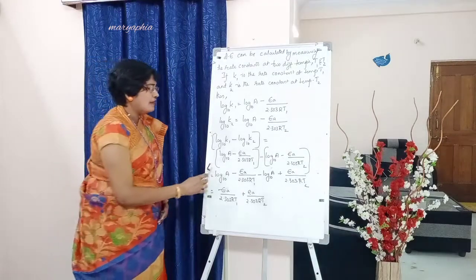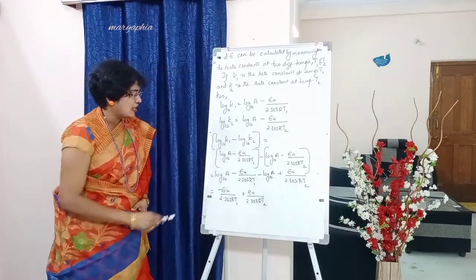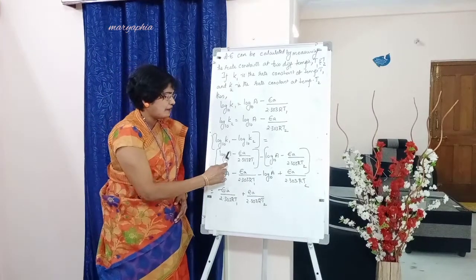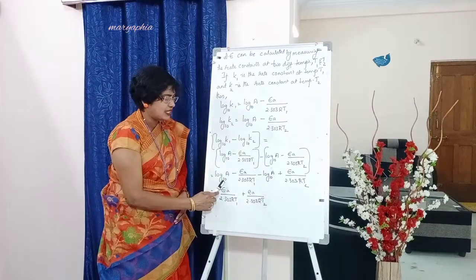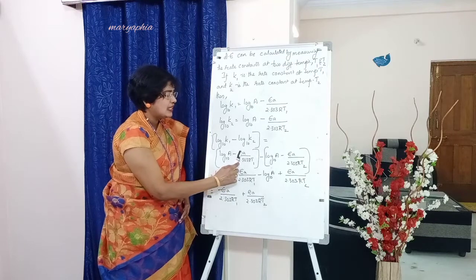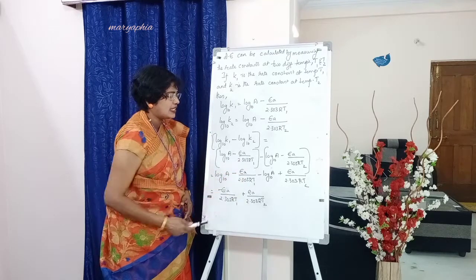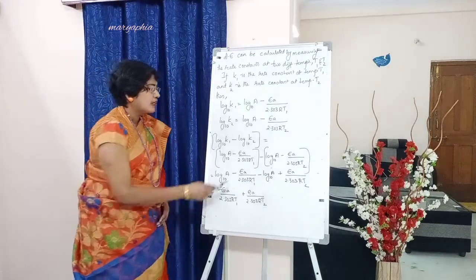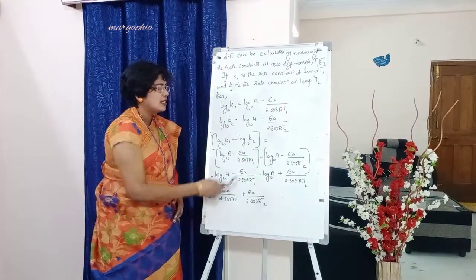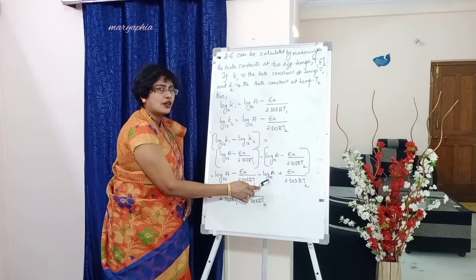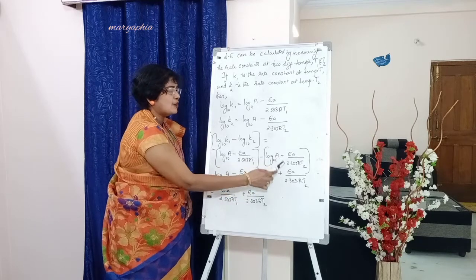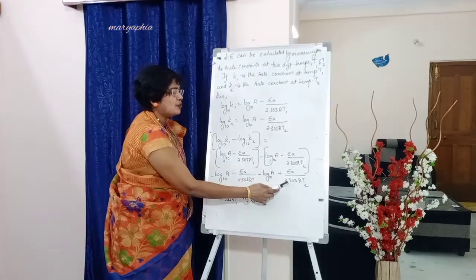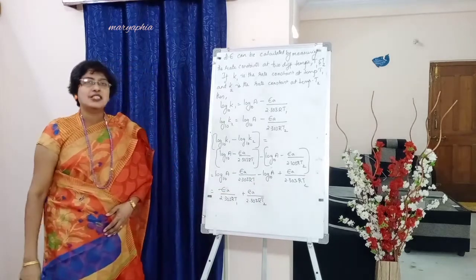Now, we will solve this right hand side portion. It is equal to log of A base 10 minus EA by 2.303 R T1 minus log of A base 10 minus into minus plus EA by 2.303 R T2.